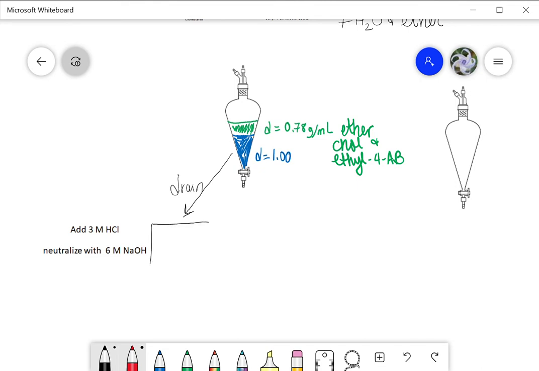And so now into our little Erlenmeyer flask, we're going to weigh our Erlenmeyer flask before we start. So in here is going to be a mixture of sodium chloride and water. Then we're just going to put this on a hot plate.